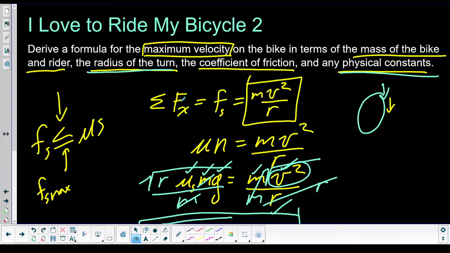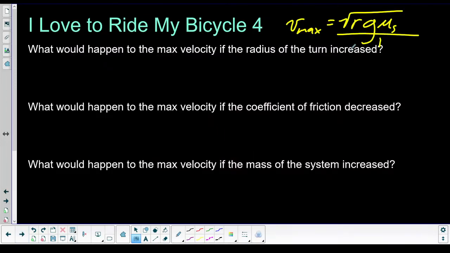The force required for me to go in the circle goes down, which means I have more extra friction laying around. So looking at the equation we derived, if radius goes up, velocity max increases.